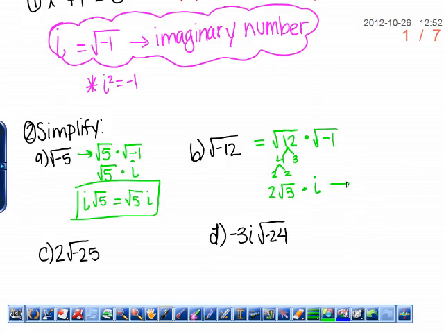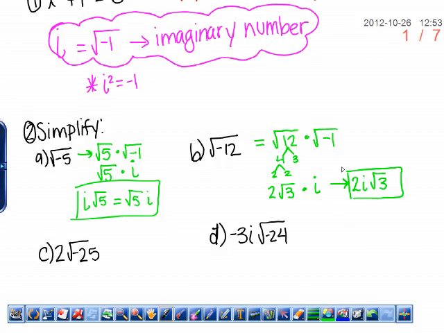These are being multiplied, so you multiply the outside, so 2i root 3. When there's another constant with it as well, you'll normally see the i in the front like this.